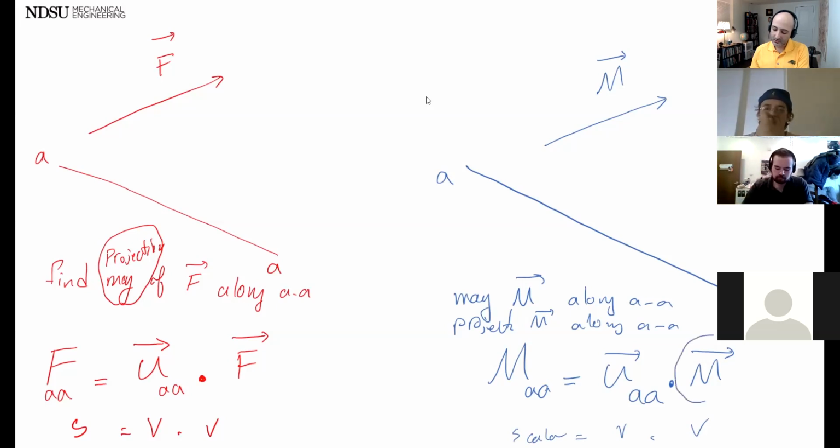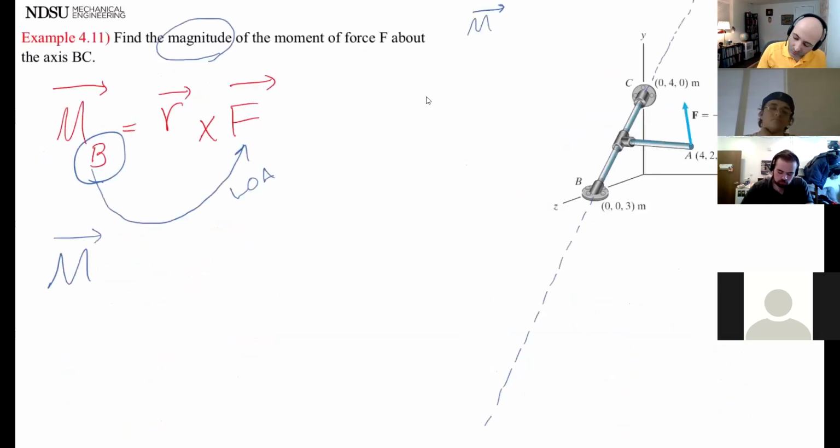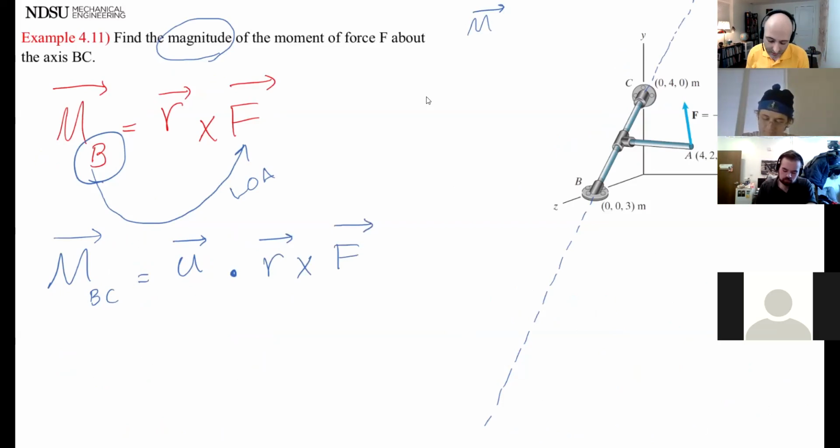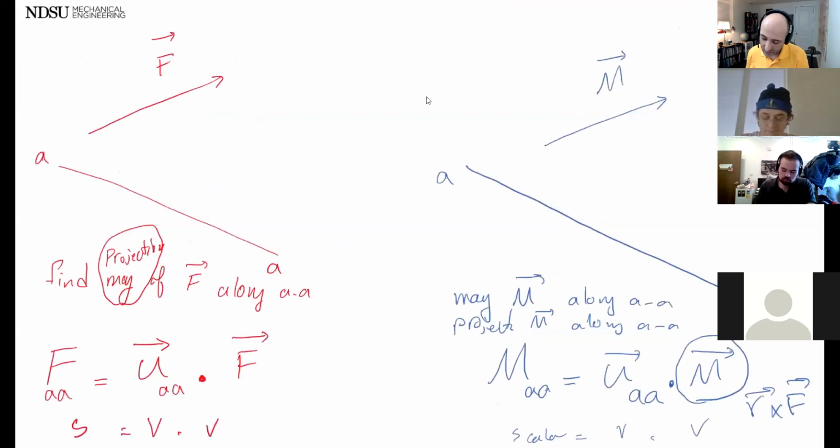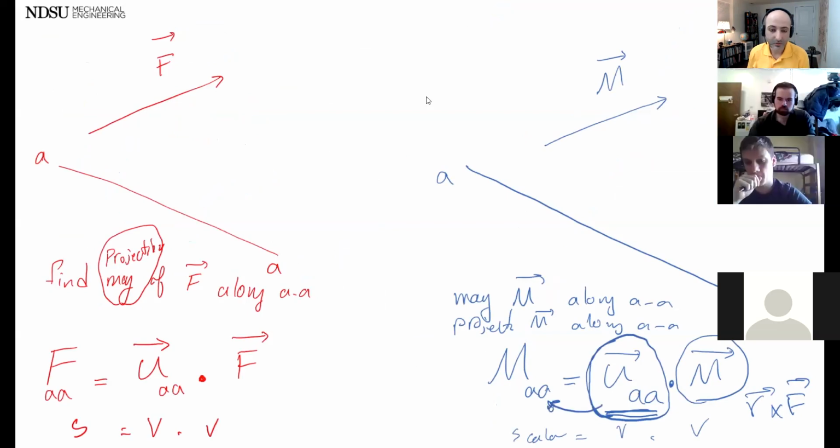But for moment, we learned that it's R cross F. So this whole thing is going to turn into the moment about, here is axis BC, for example, is going to be the dot product of the unit vector with R cross F. So let's look back really quick. Unit vector of what? Isn't it this same thing, same direction, same line, same axis?